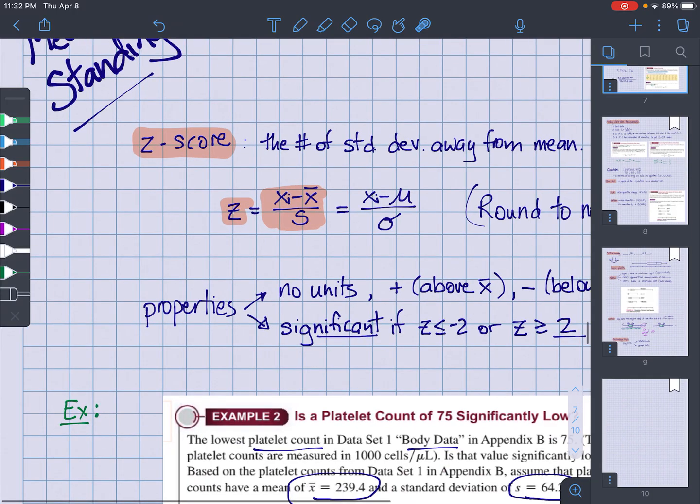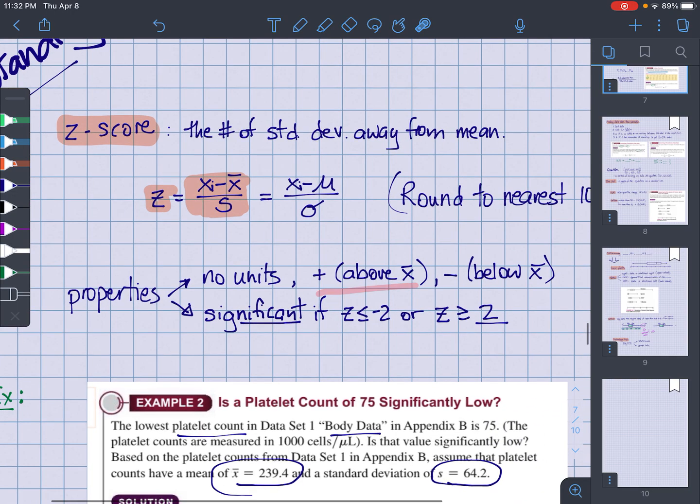The properties: there's no units, because this is a percent. If it's positive, you are above the mean, negative below, and you are considered significant as a data item if you are above 2 or below negative 2, or greater than 2 in absolute value.